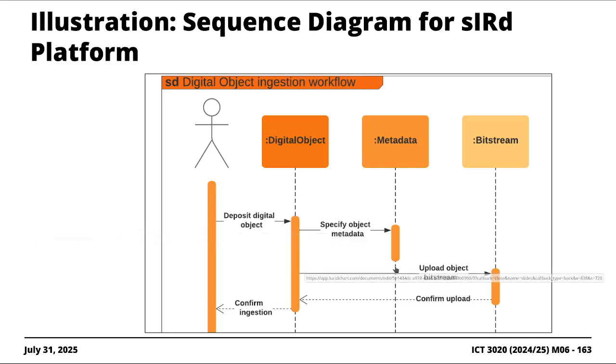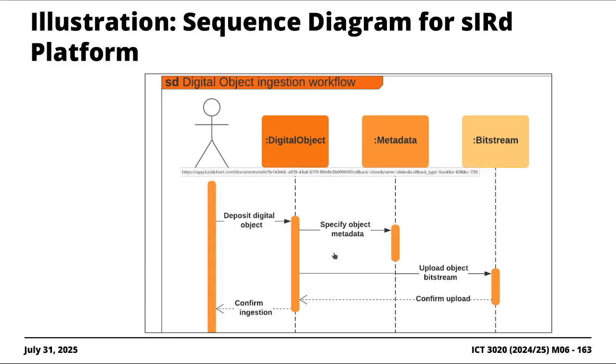At the same time, it will evoke a message called upload bitstream metadata in the bitstream class. These are all solid lines, right? After all of this is done, this bitstream class is the one that confirms the upload. It's a return message because of the dashed line here.